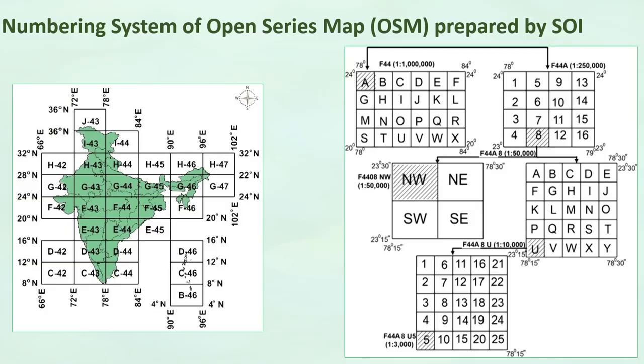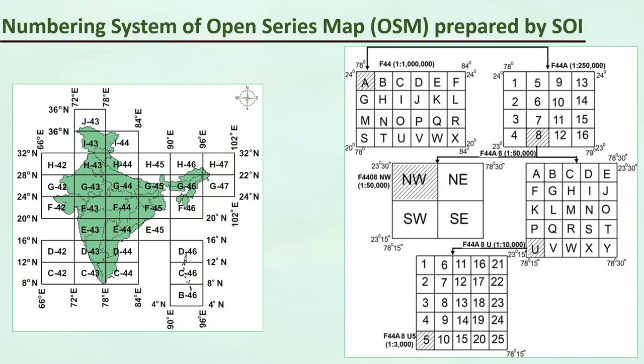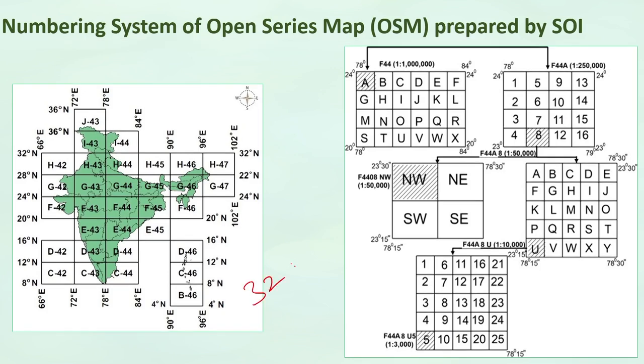How have they numbered this? Okay. This is the numbering system of the open series map prepared by Survey of India. Look at the screen, important. India is divided into 32 UTM grids. Okay.